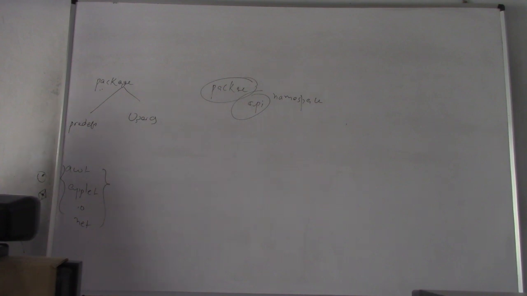I brought this up because I want to tell the statistics of how many predefined packages there are. This is not important for us, but you need to understand how Java is built.